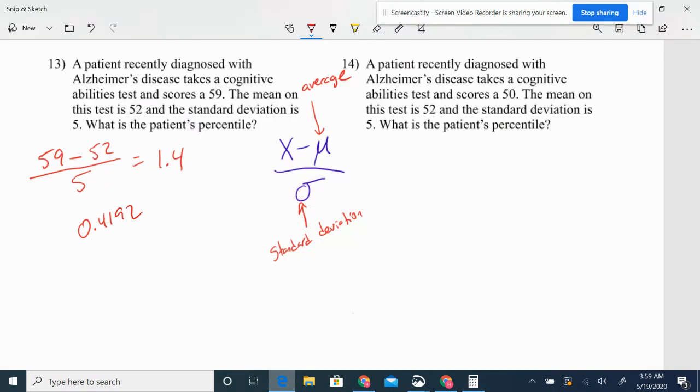Okay, so now here it says what's the percentage? I'm just going to say 0.50 plus, since my Z-score was positive, I'm going to add. If my Z-score would have been negative, I would have subtracted. So my Z-score was positive, so I'm going to add 0.4192.